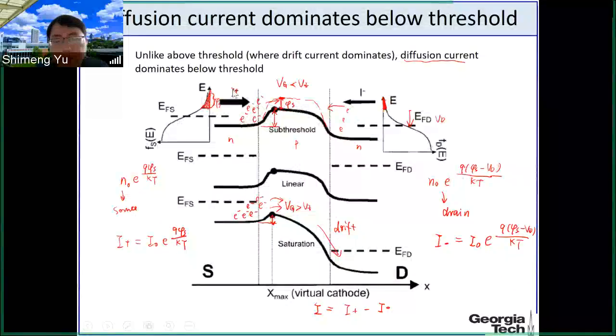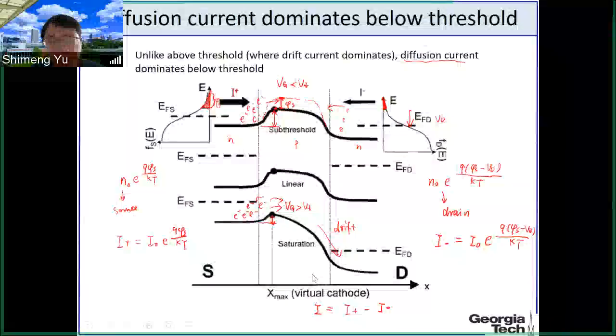There's no particular reason why we call it plus or minus. So basically, two directions of the current flow, and the net current is the difference between those two.